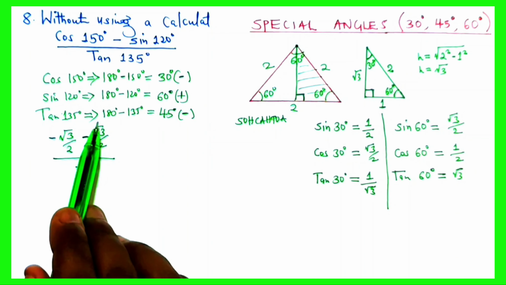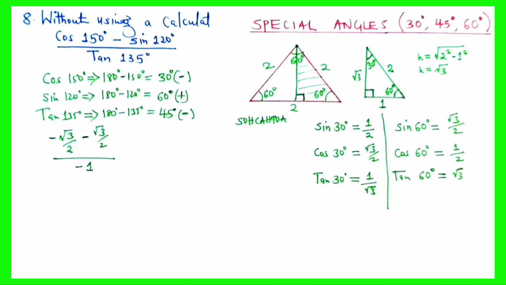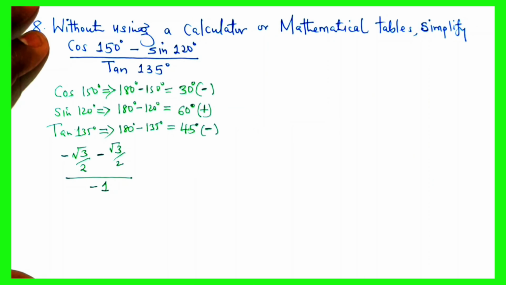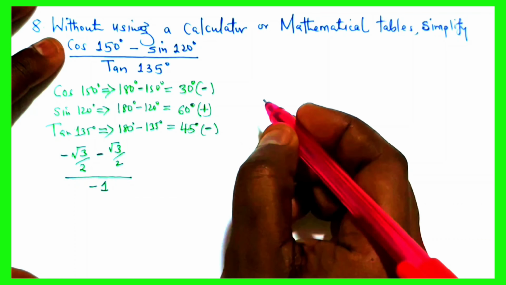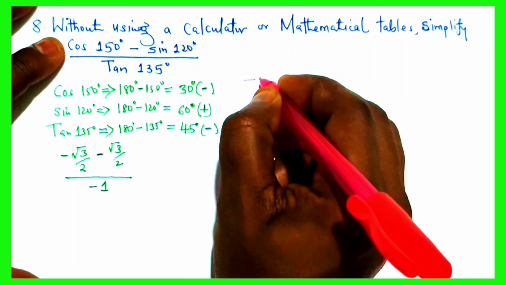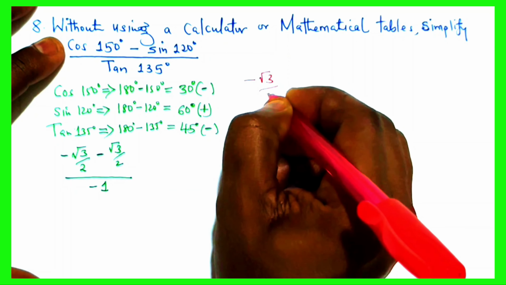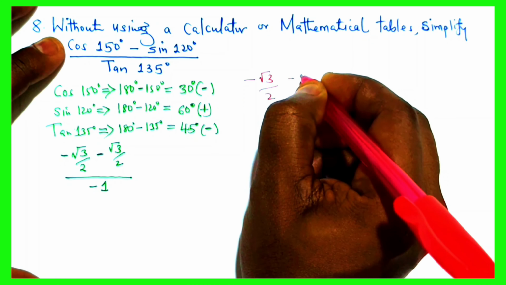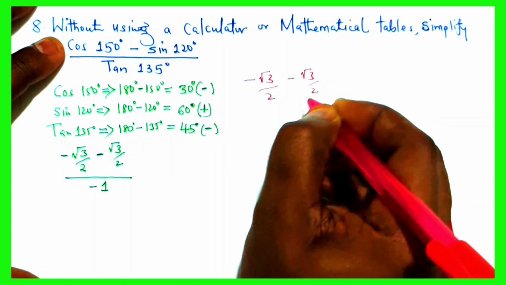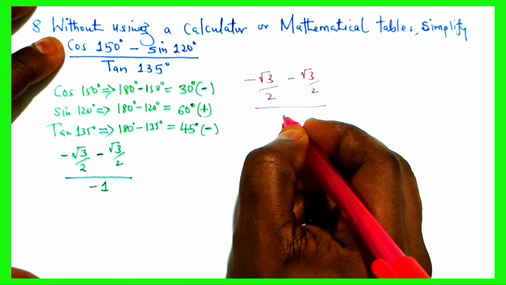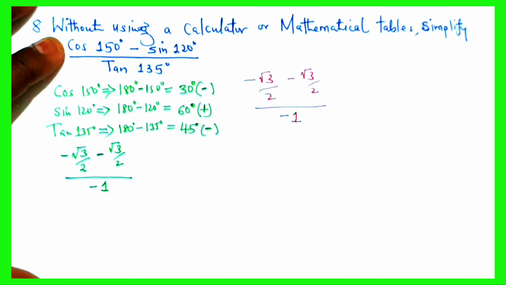So this is the expression we need to solve. So the solution here is going to be simple. Maybe let me transfer it here. So this is negative root 3 over 2 to subtract root 3 over 2 and then divided by negative 1.